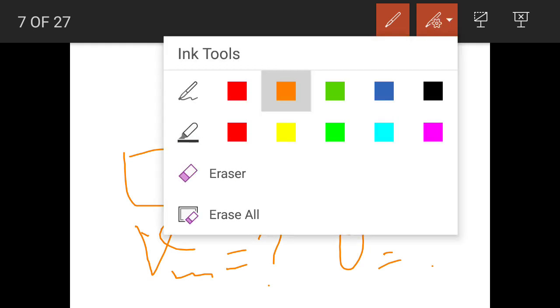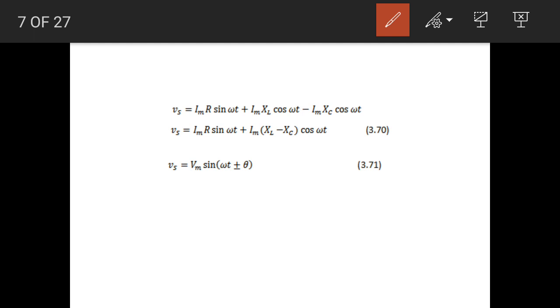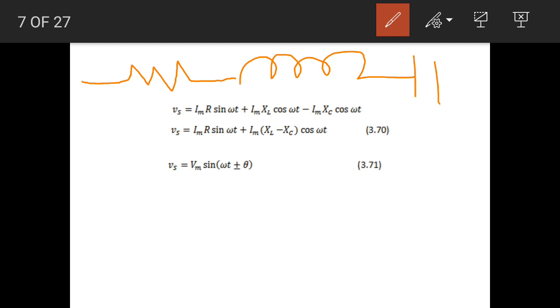So what we do, we replace the series combination of these three passive circuit elements by a single passive circuit element. If you look at this series circuit, there are three passive circuit elements in this series circuit.